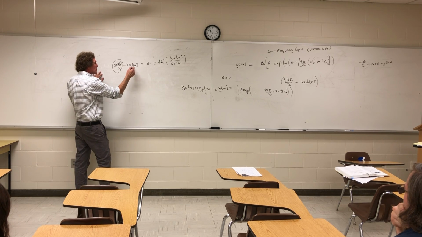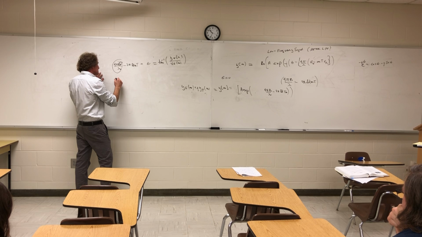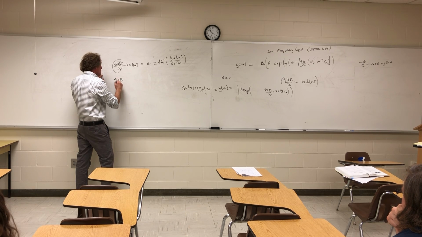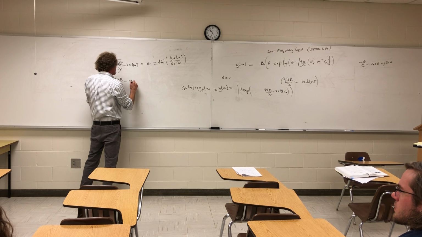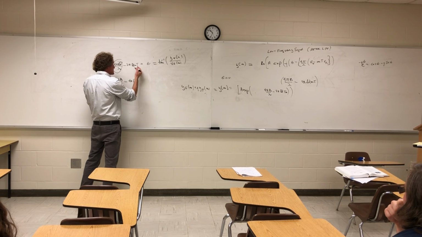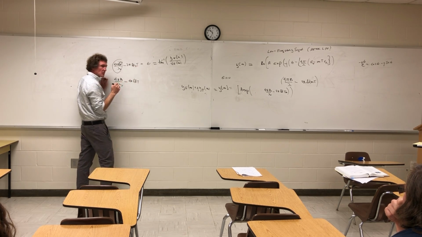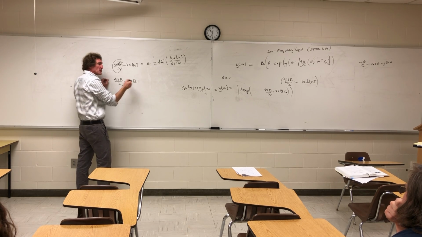If this is for m equals 1, for m equals 2, it's still 4 pi R naught over lambda naught, minus, and then it would be 4 pi f Doppler times t. This would be just 1 if it was m equals 1. And you can extract the Doppler by the change.